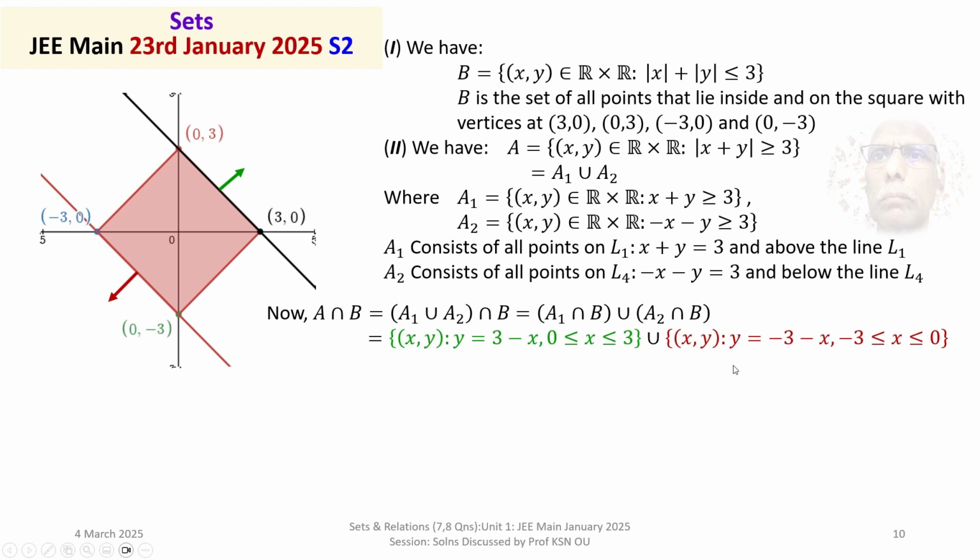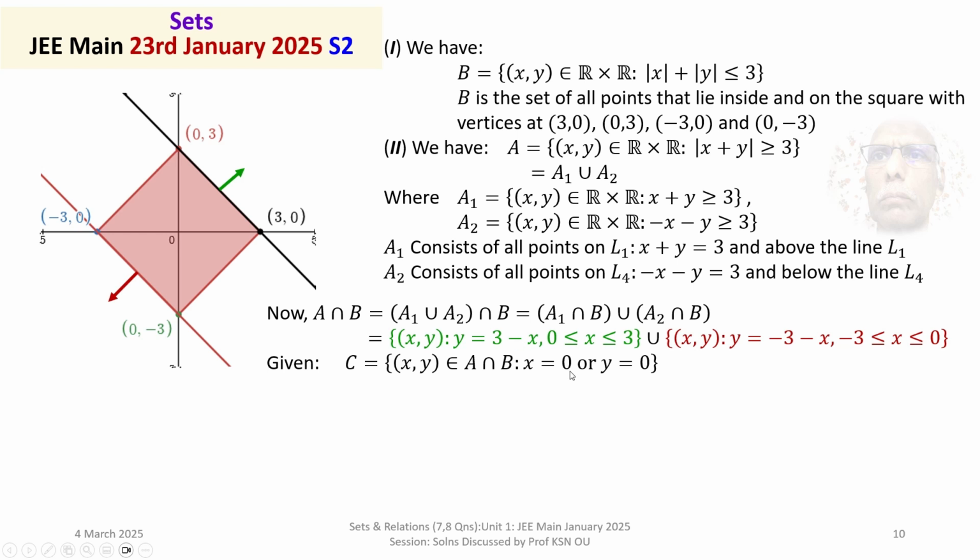That is the set of all ordered pairs x, y where y is equal to minus 3 minus x, where x varies from minus 3 to 0, including minus 3 and 0.